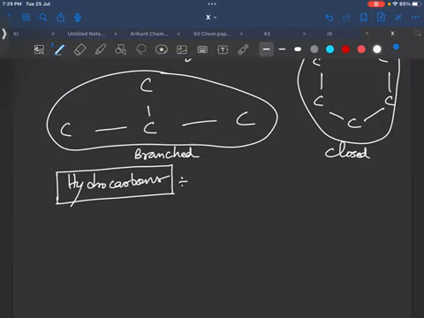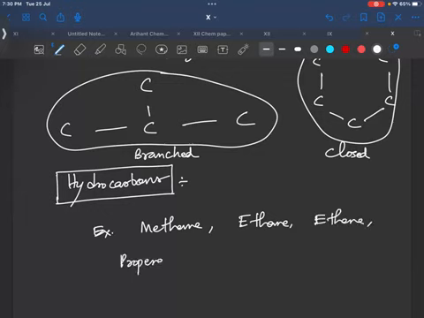Organic compounds which consist of only carbon and hydrogen. Example, write down methane, ethane, ethene, propene, ethyne, propyne.